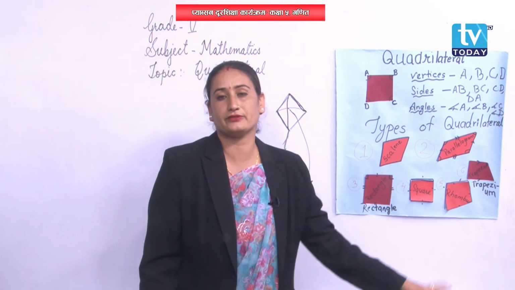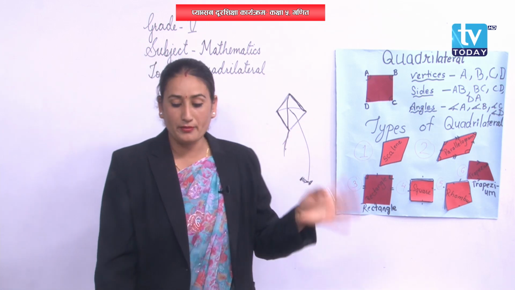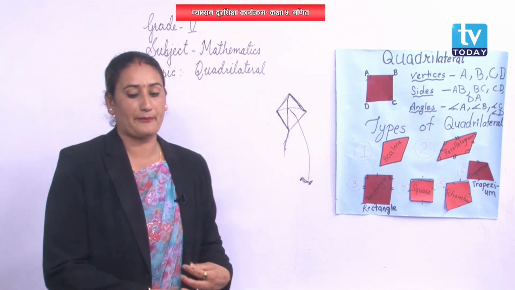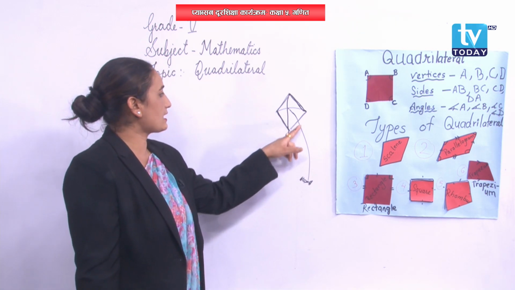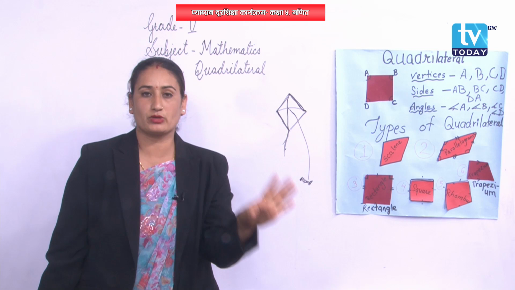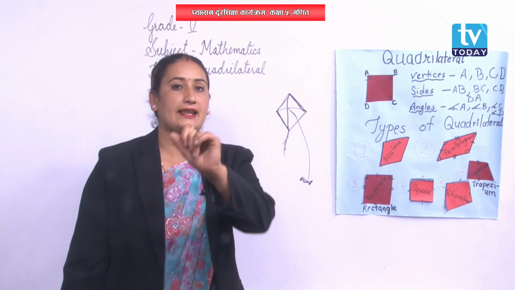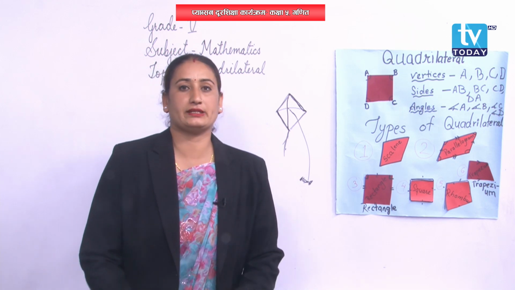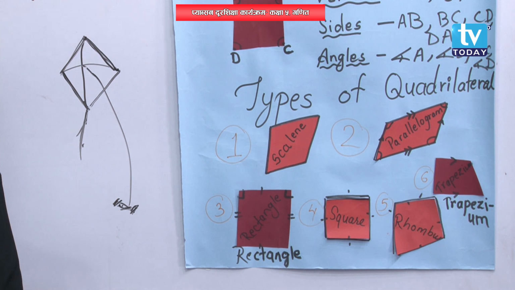So, we can give the example of a rhombus as a kite. So, in a rhombus, exactly what will happen? All the sides are equal. This side, this side, this side, this side, all the sides will be equal, but they don't have 90 degrees. None of the angles will be 90 degrees.